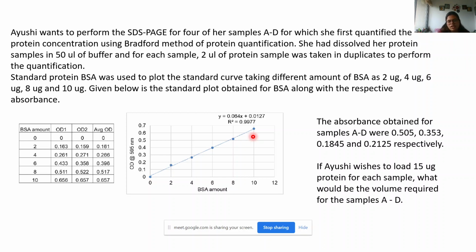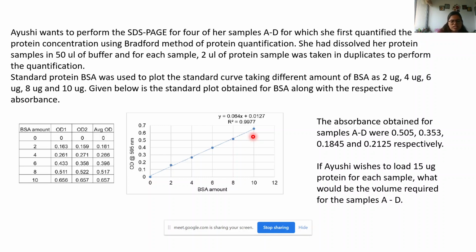Has anyone found the amount for protein A from the absorbance given? Protein A is 7.814 micrograms. Correct. Have you found protein B?